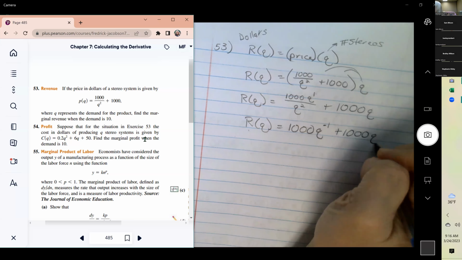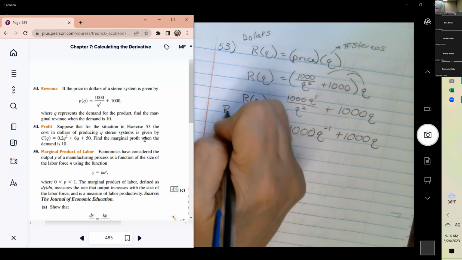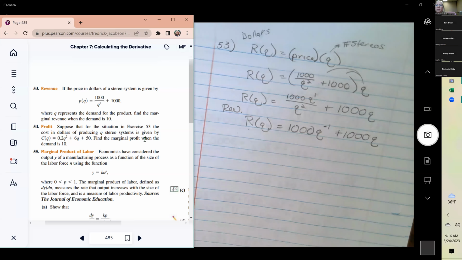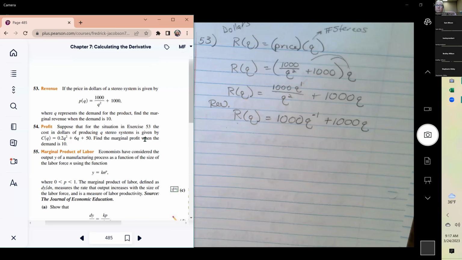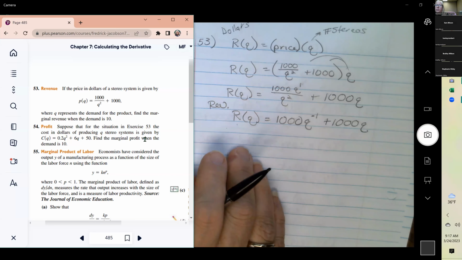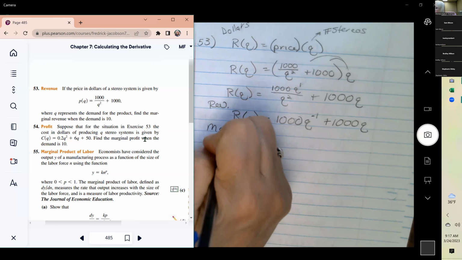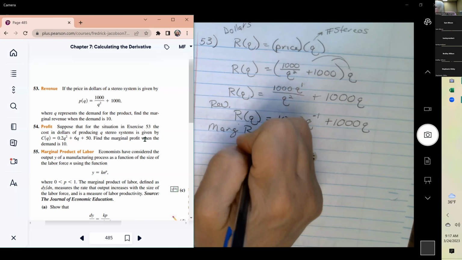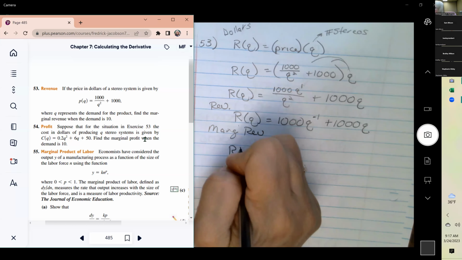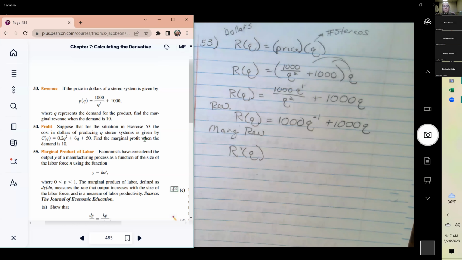Any questions on that part? So that's your revenue function. To find marginal revenue, take the derivative. So go ahead and take the derivative.